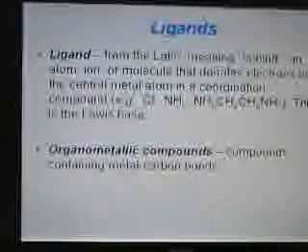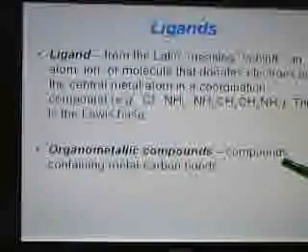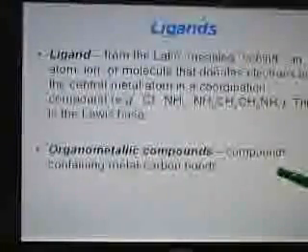Ligands are Lewis bases. More about ligands. We've talked about different types of ligands, but organometallic compounds are compounds that contain metal-carbon bonds. So the ligand has a carbon atom that can bind to the metal cation center.